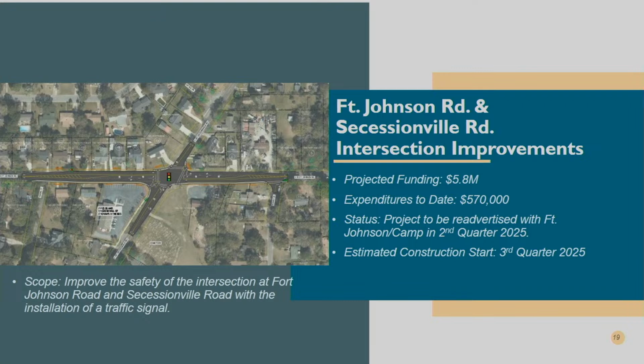Moving into our James Island intersection projects, the first one here is Fort Johnson at Successionville, installation of turn lanes and a signal there. We bid this project twice and received one bidder on each of these bids. That bid was well over the estimated budget and what we thought was a reasonable price. The market right now is a bit tough, with contractors being very busy.